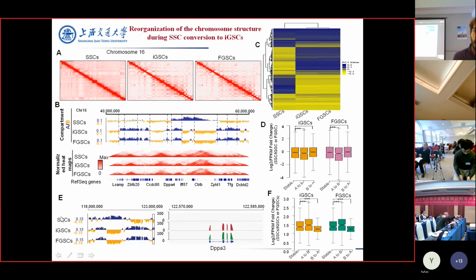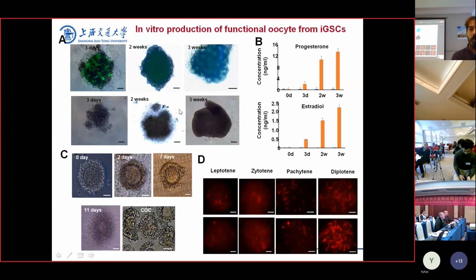We also take an example of the expression in IGSC and FGSC, but SSC is different. So we used the organoid to test whether IGSC can differentiate into oocytes in vitro.